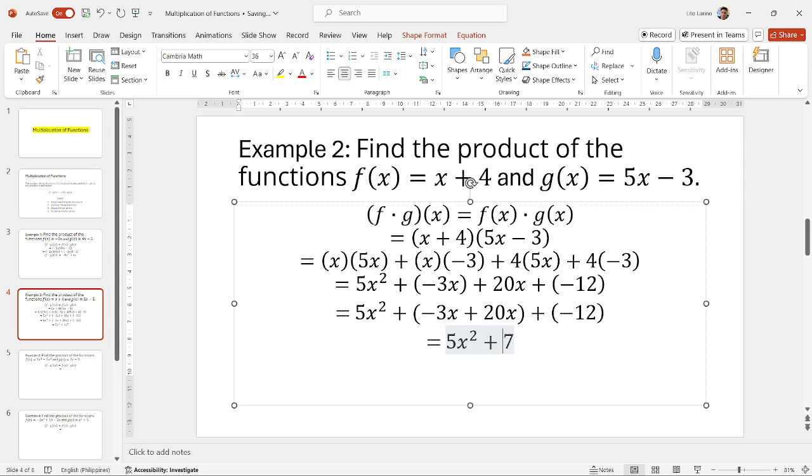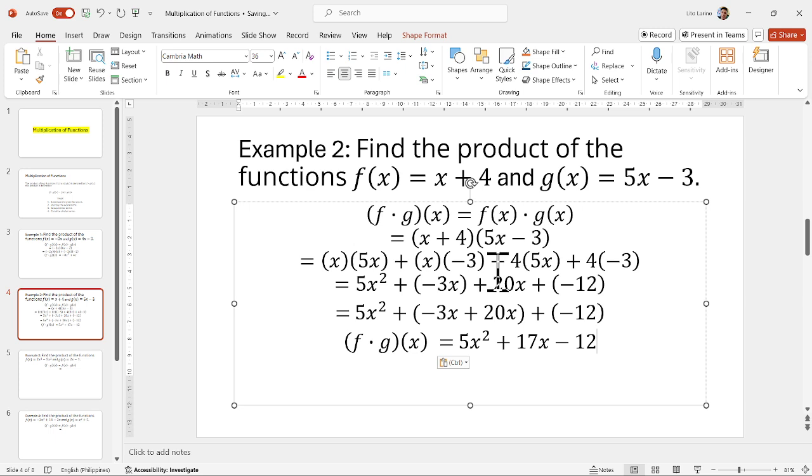Then plus 17x. Then this will become positive times negative, we have plus 17x minus 12. Okay, so this positive will be multiplied by the negative here and will become negative 12. Thus, the product of the two functions f of x and g of x is equal to 5x squared plus 17x minus 12.